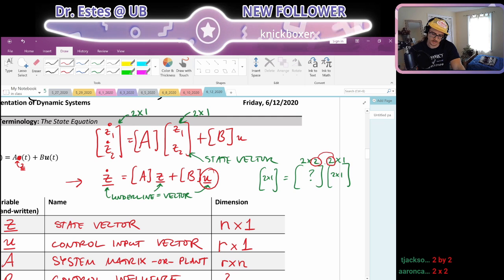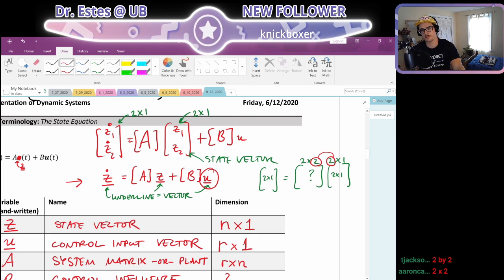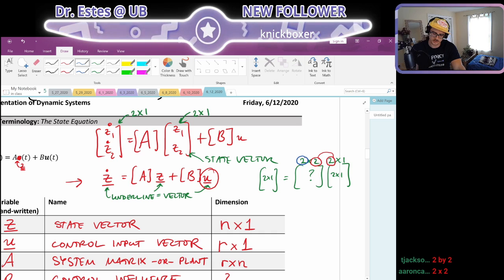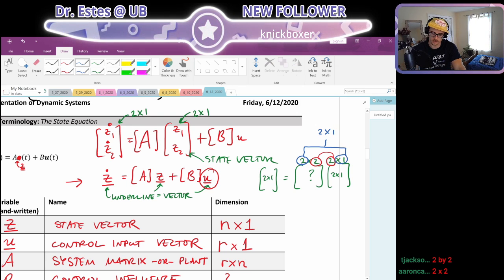So because this number's a 2 and because this number's a 2, I'll be able to do matrix multiplication. If those numbers didn't match, it'll throw you an error. The dimension of the resulting matrix is these two numbers. So if I take a 2 by 2 and multiply with a 2 by 1, I get a 2 by 1 back.